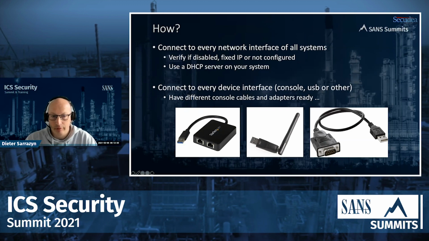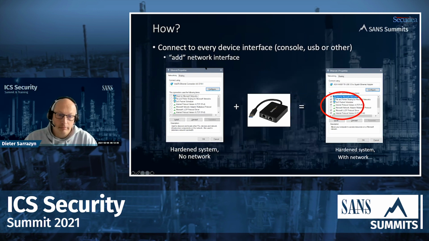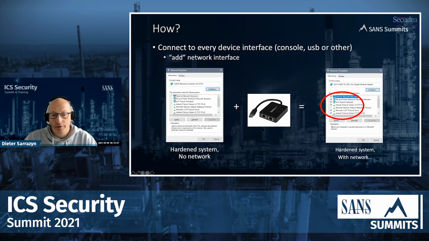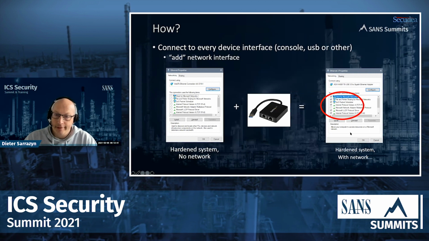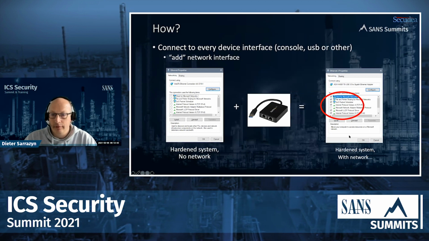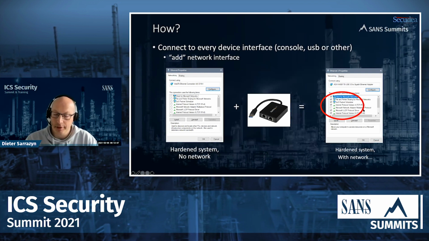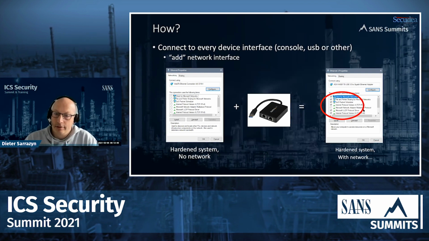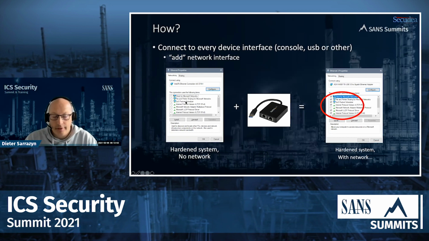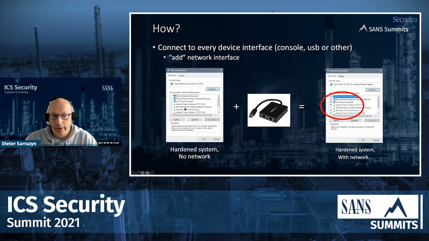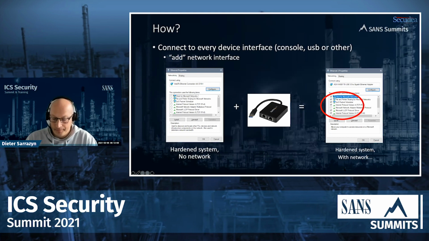When you, for example, connect a USB to Ethernet dongle, if you have a hardened system shown on the left, and you use a USB to Ethernet adapter on a free USB port, you will get a new interface with everything enabled by default. Using DHCP again, if you connect your system with a DHCP server on it, you might have access to that particular system. Even if there are SCADA protocols configured on the system, they will be enabled on the new interface as well.